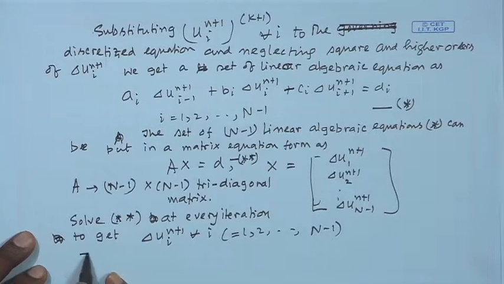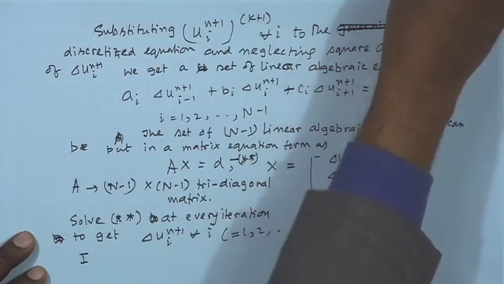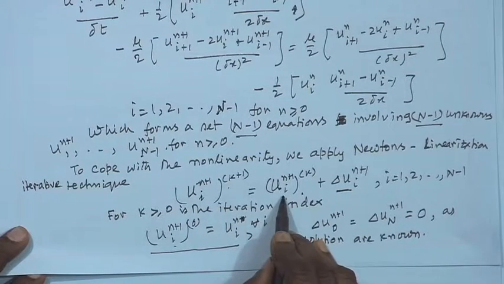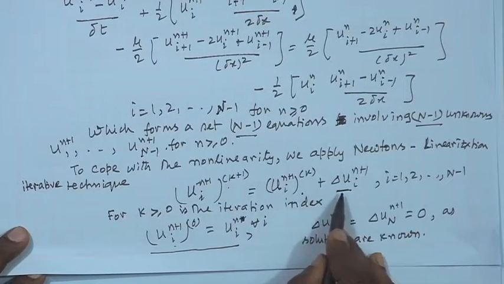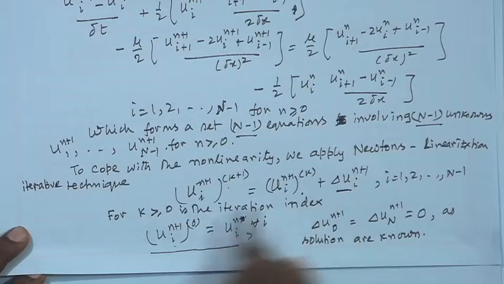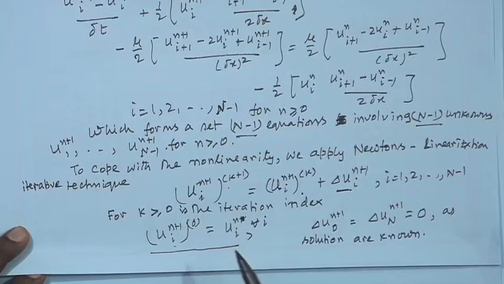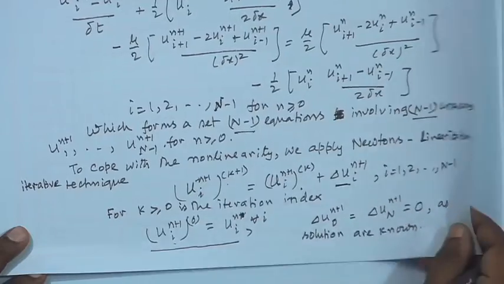So, once we get this, then we go back here and modify, that is, the previously obtained value plus the updated value, get these new values, and then proceed further, that is, we go for the k plus 2 iteration and so on.